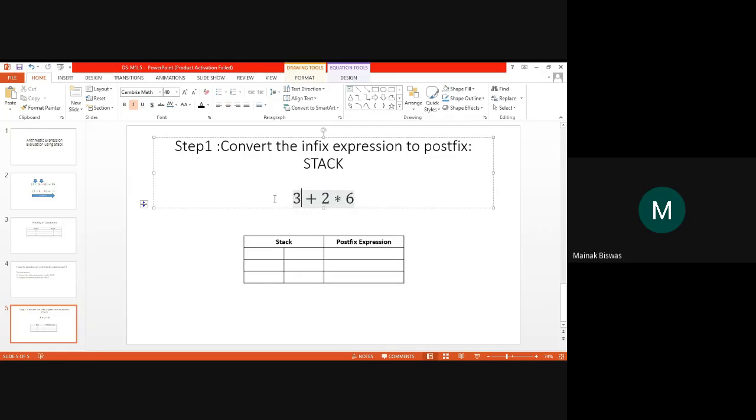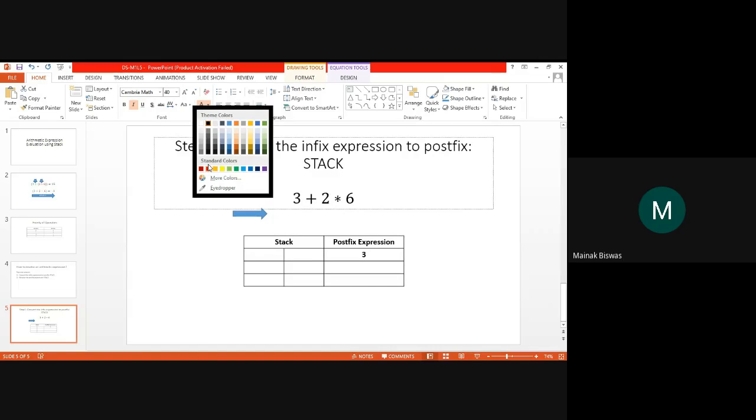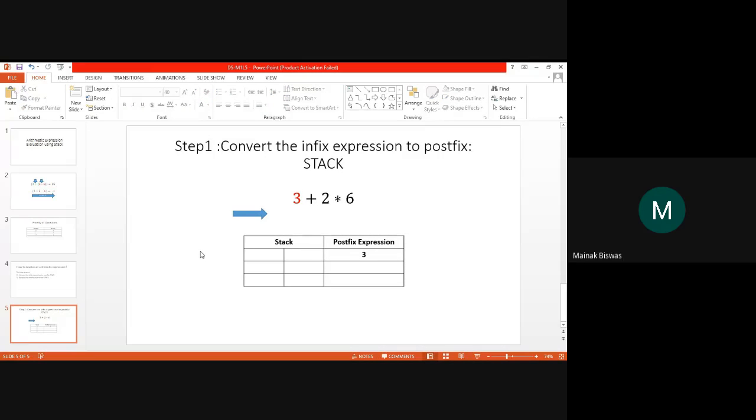The expression will go from left to right. The first operand we get is 3, so we add it to the postfix expression. Then we get an operator, addition, plus.